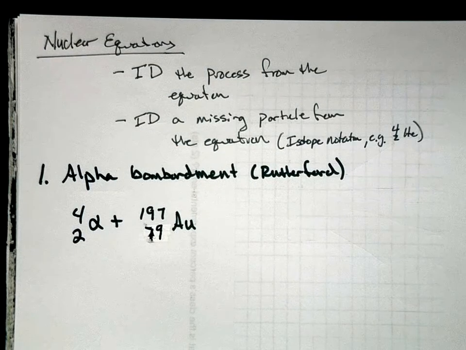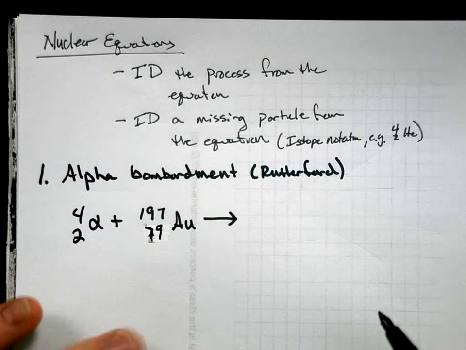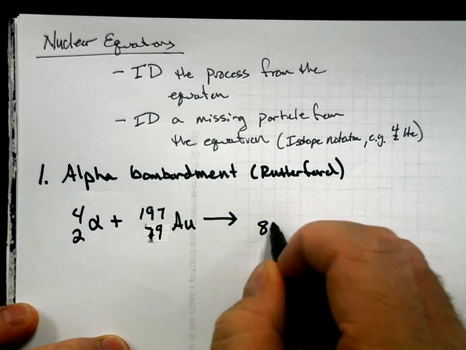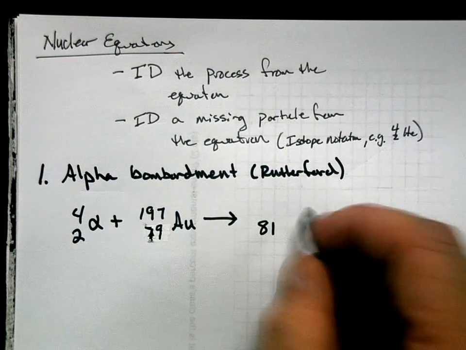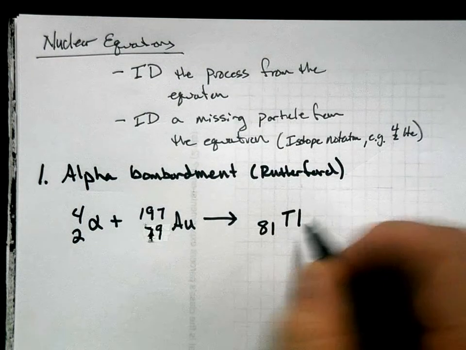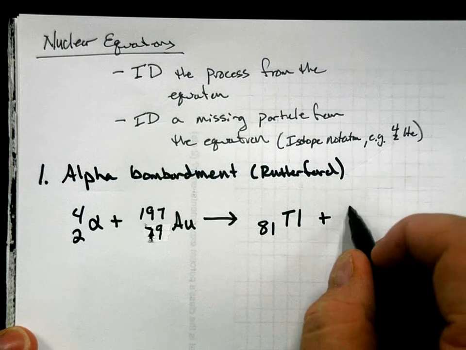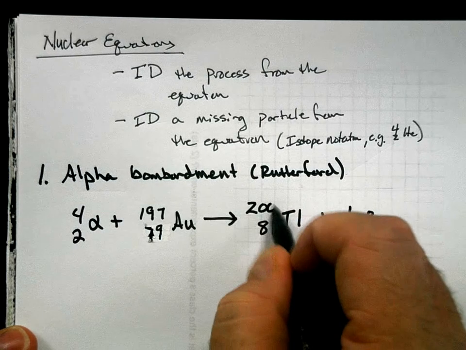When he shot an alpha particle into the gold, he created a new element called thallium. Is it TI? TL. Yeah, cool. Okay.